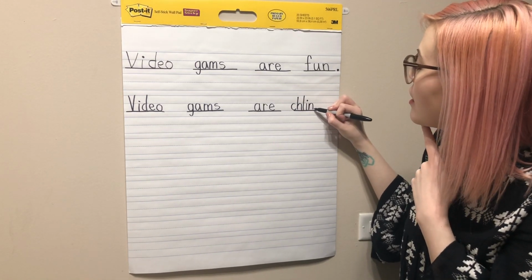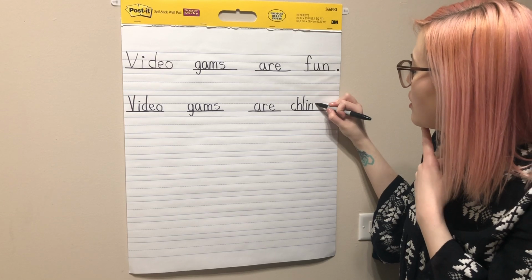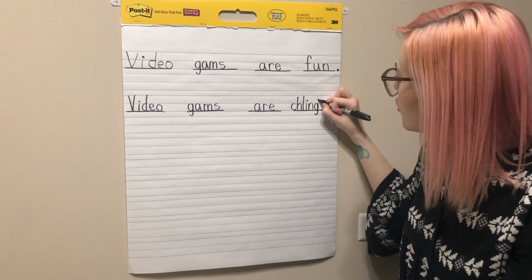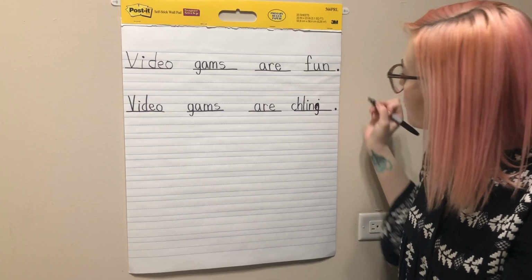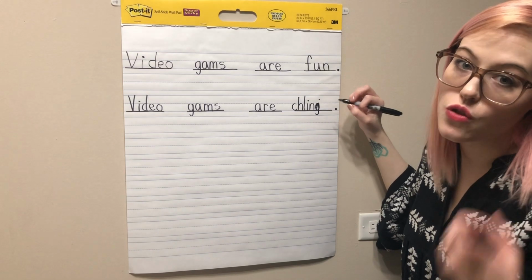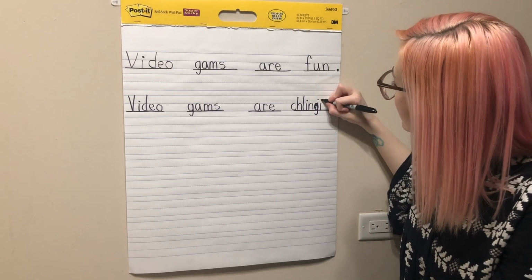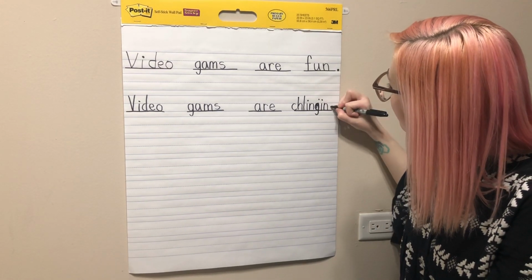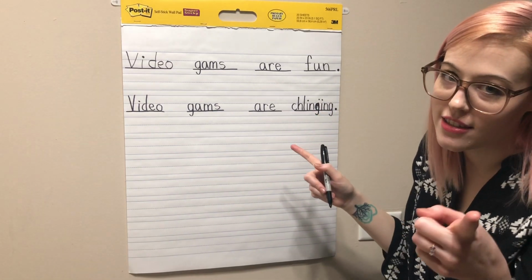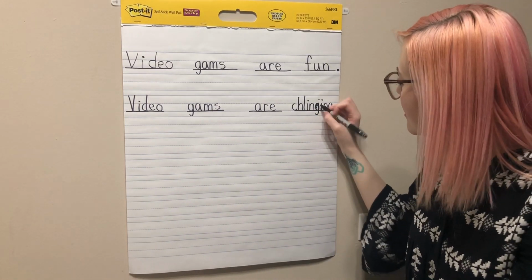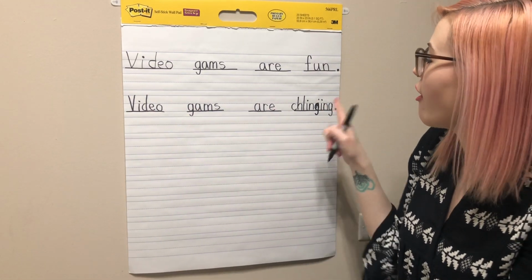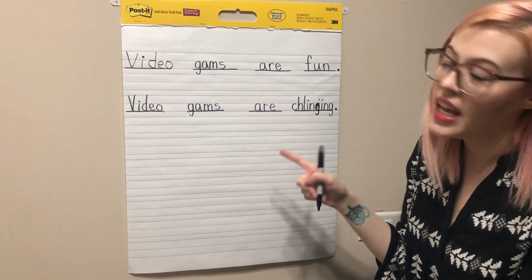G says, ooh, that was a J. J says j. Oopsies. Challenge-ing. That was that special first grade ending, which was I-N-G. Challenging. That word was challenging, and Miss Musick got tricked, but I fixed it. This is a J. Video games are challenging.